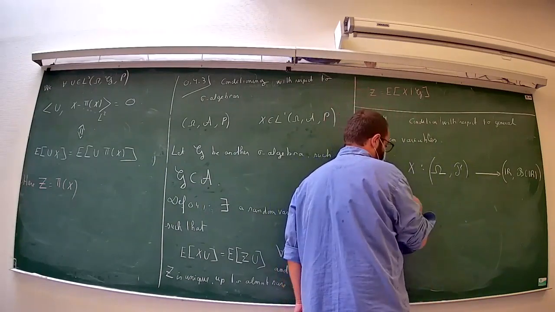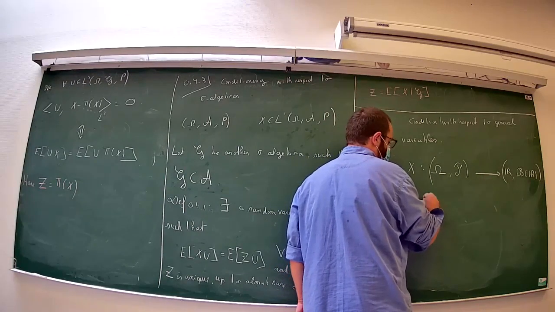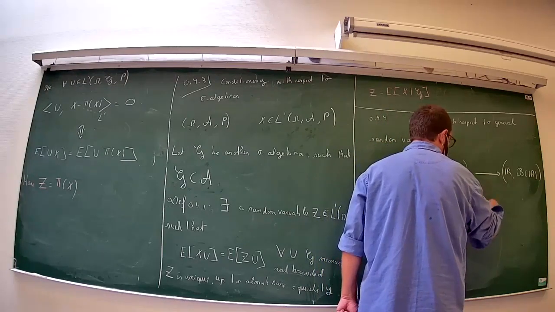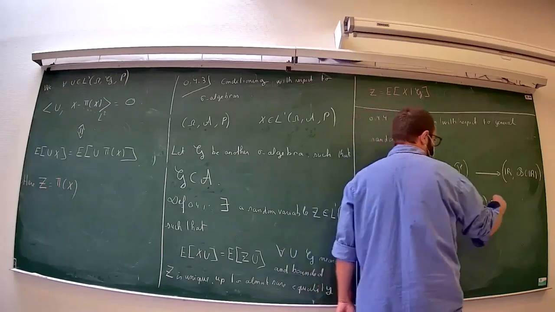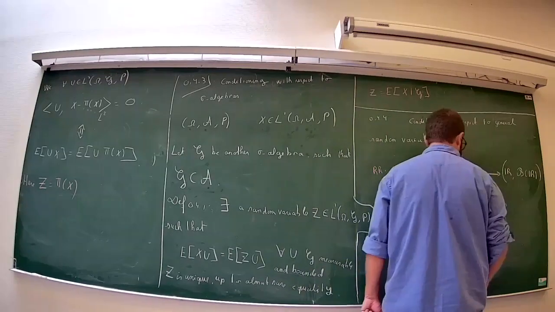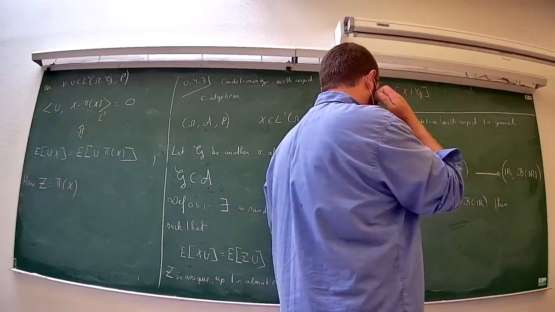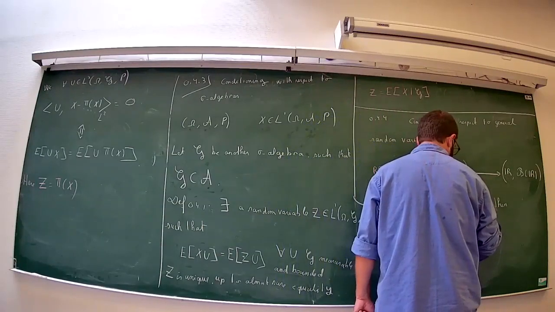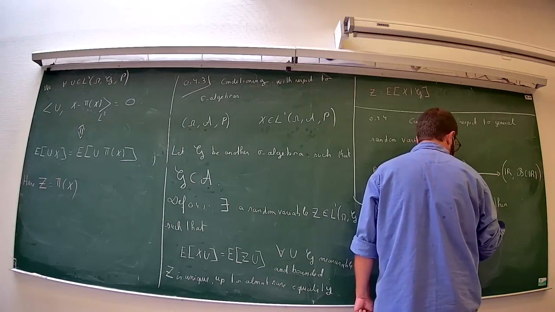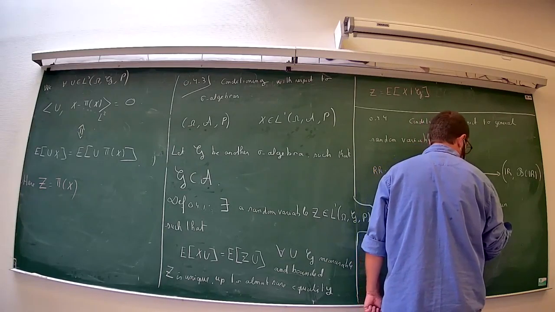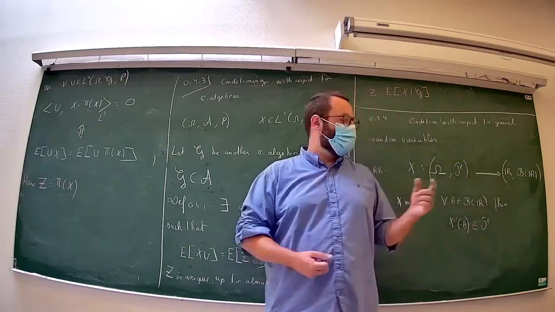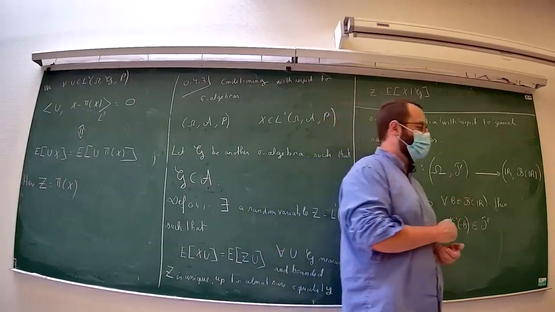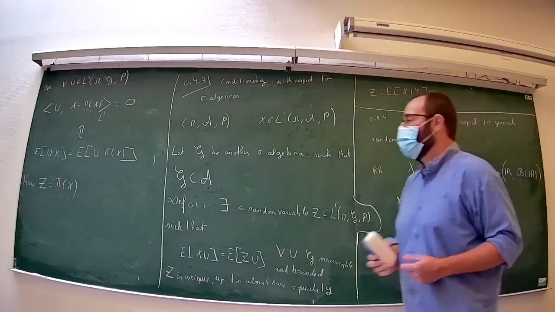X is measurable in this case if and only if, for all B belonging to B of R, then X minus 1 of B belongs to F. This notion depends on the choice of the sigma algebra. I repeat something I have previously said, but in order to introduce the following.